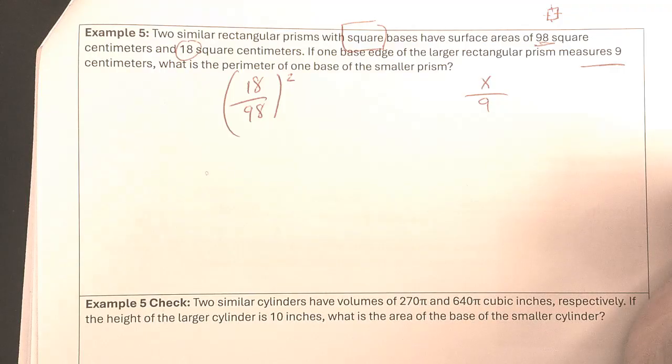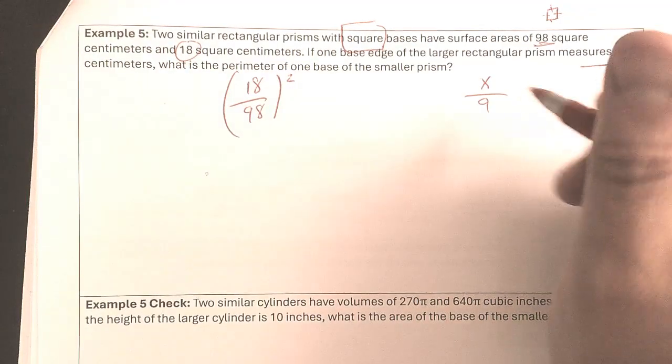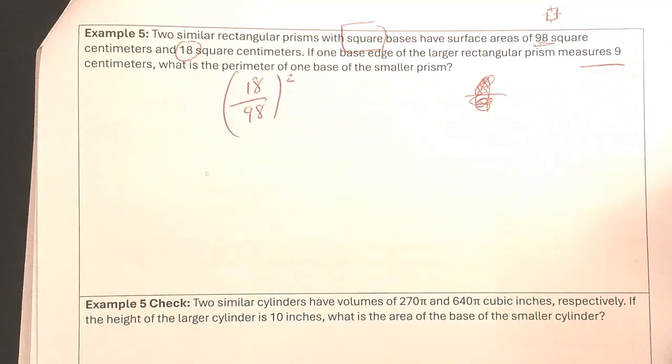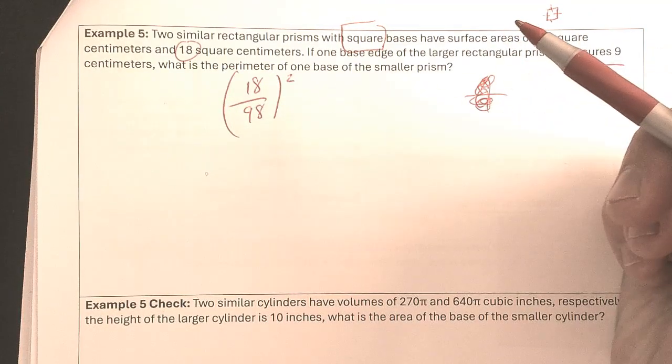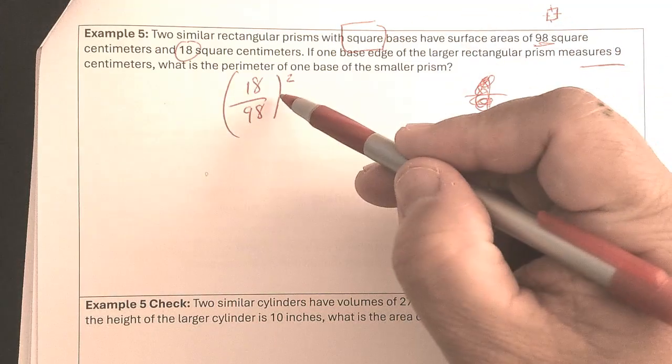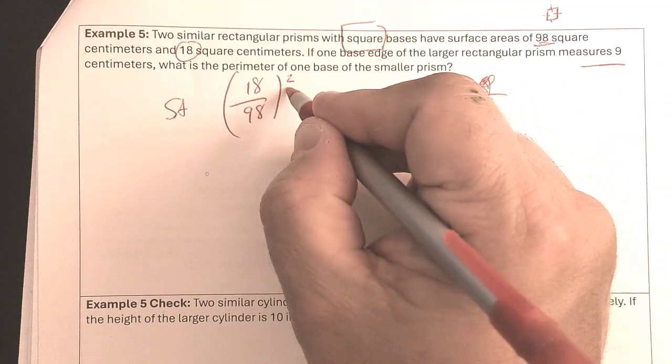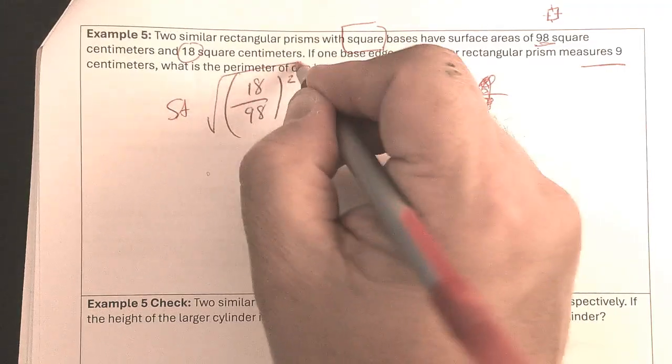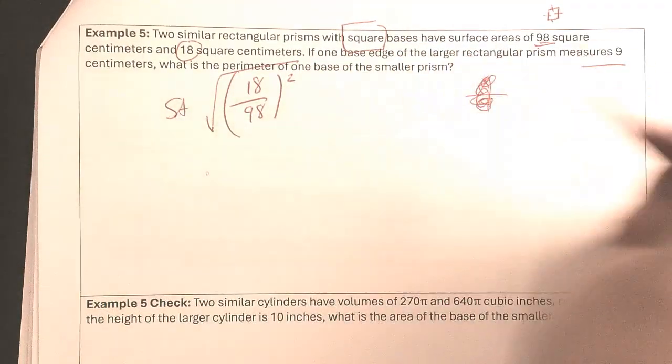Actually, forget this. We're going to find the scale factor. So because these are surface areas, that's why they would be the scale factor squared, so we need to take the square root.